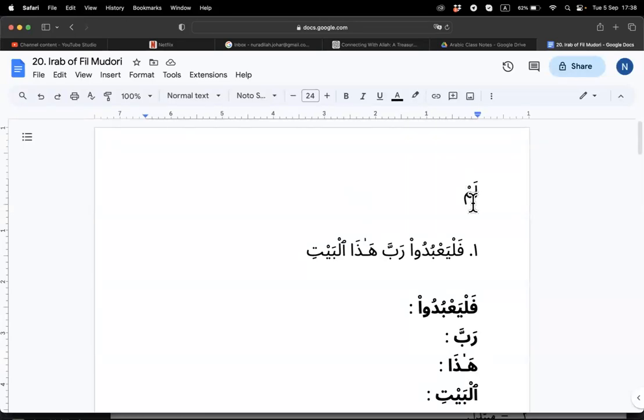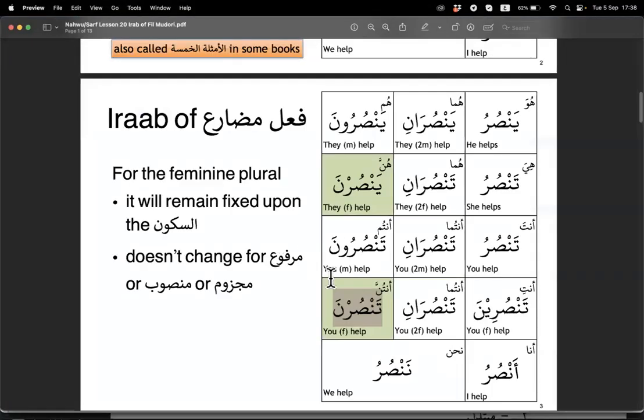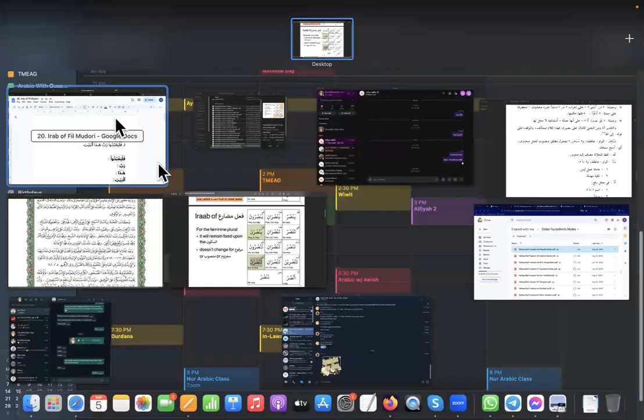Yes, it makes the fi'il mudhari majzum. But if you have this word after it, then it will be fixed like this. It's still tansurna. It will not change. You cannot see the majzum.